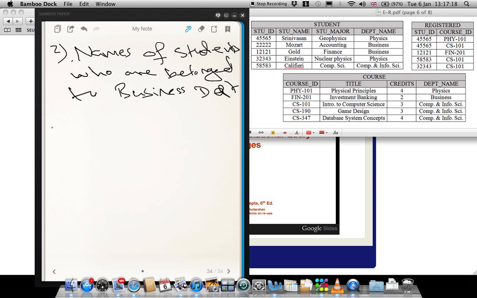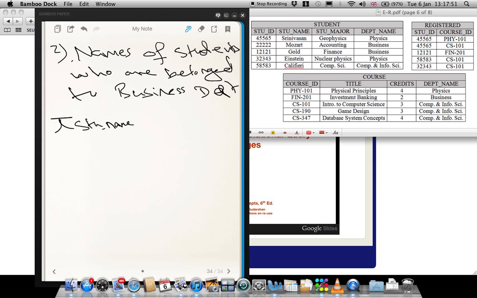In the student table we have all the student names and we have all the departments. So we need to look at those students who are in the business department. First of all, we need to list all the student names, so we do projection on student name.